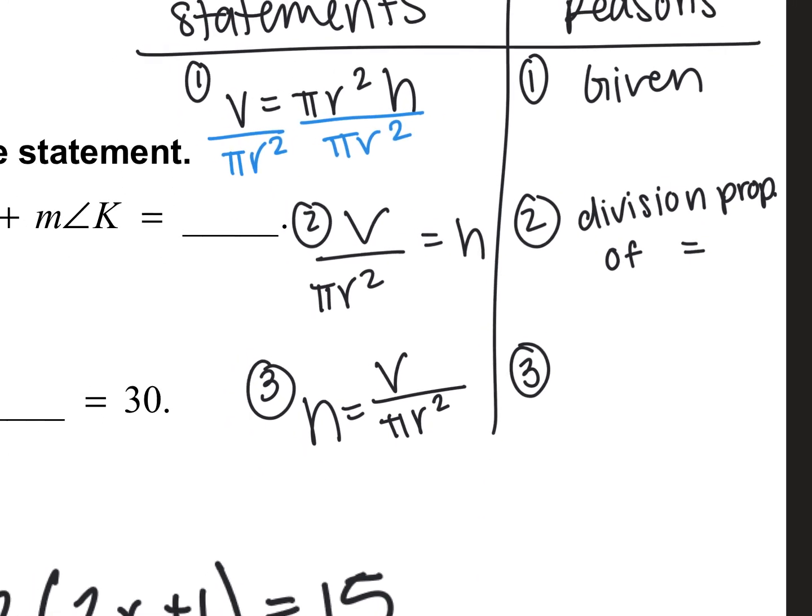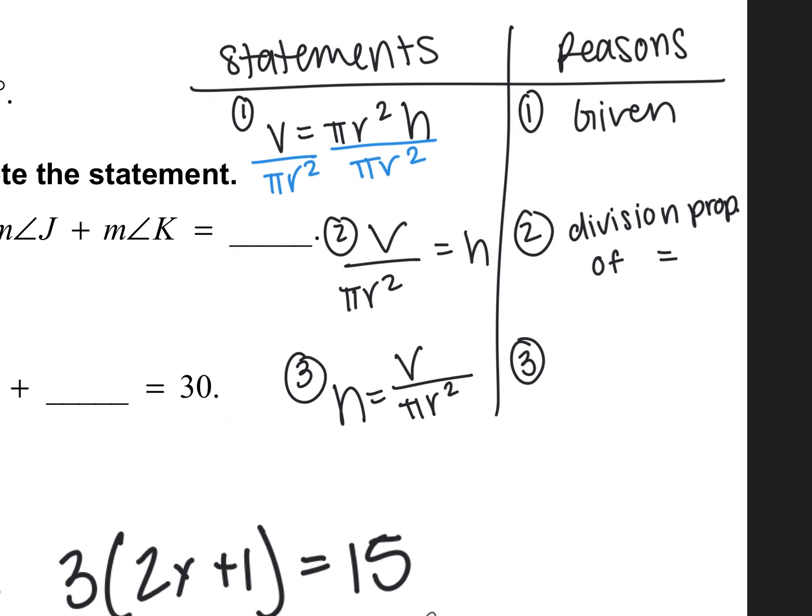Maybe a little confusing, but we covered something that was like a reflection. Good. Symmetric property, okay? It's symmetrical. All I did was flip it. It's the exact same thing, I just flipped it. So this one would be symmetric property.